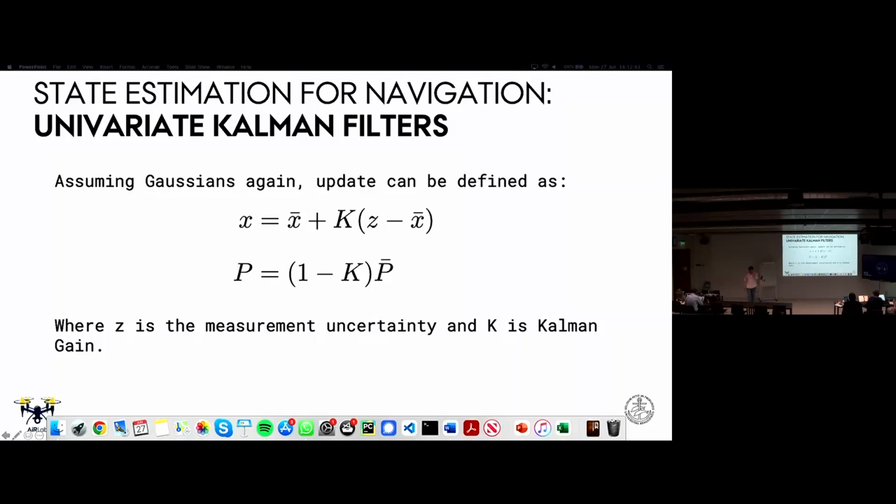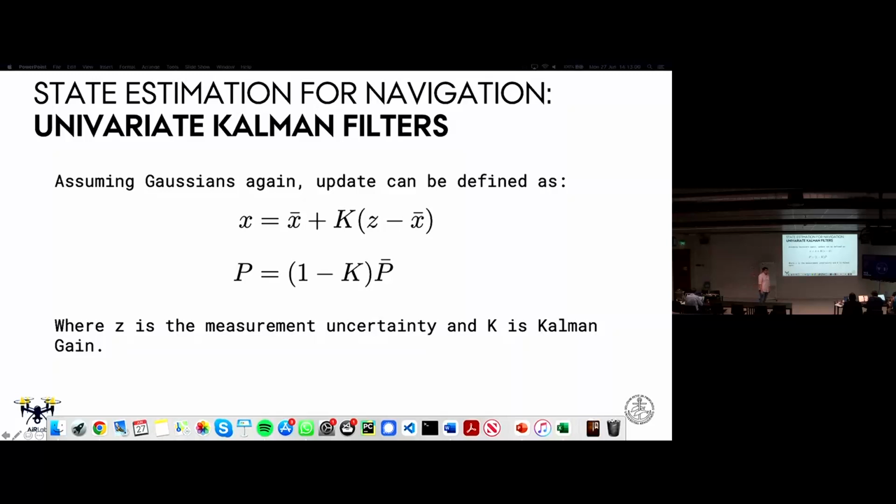If at the next time step we have seen the measurement z, you would calculate whatever position we assume we are from the prior, and then calculate the position minus the actual measurement from the sensor, multiplied by the Kalman gain.